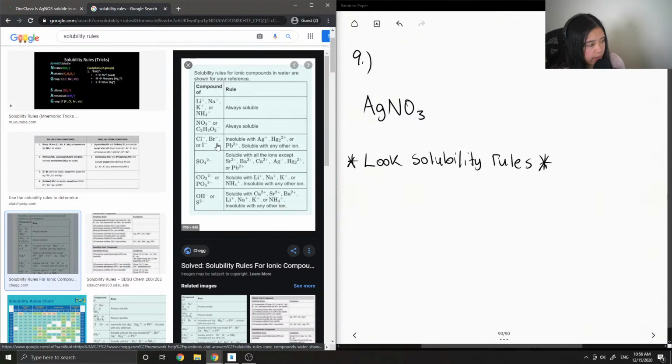Okay, so here is a summarized version of all the different solubility rules. Basically, your group 1 ions like lithium, sodium, potassium, and even NH4 are always soluble. When you have NO3 or C2H3O2, these are always soluble, but there are some exceptions.